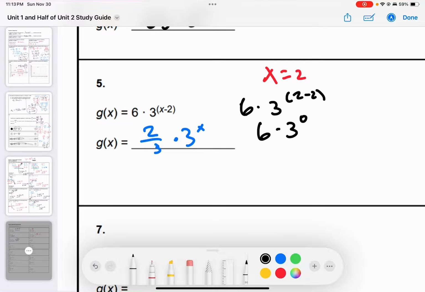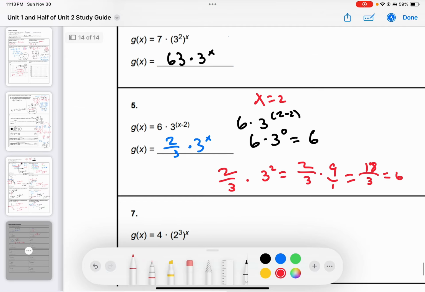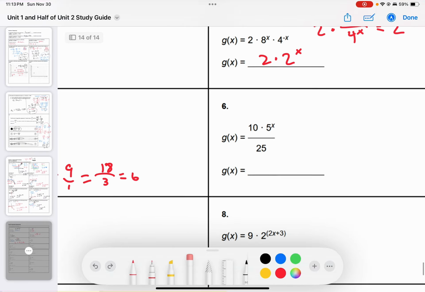Anything to the 0 is 1, so this is just 6. Will I get 6 if I plug in a 2 here? Doesn't look like it. We get 2/3 times 3 squared. Oh yeah, I will. 3 squared is 9, so I get 2/3 times 9, which is 18 over 3, which is 6. Good, I'm right. So look how you can just check your work.